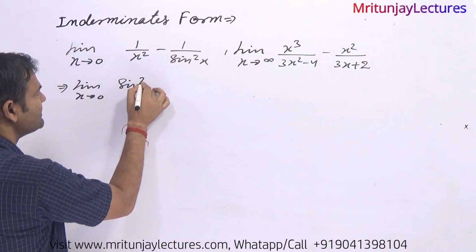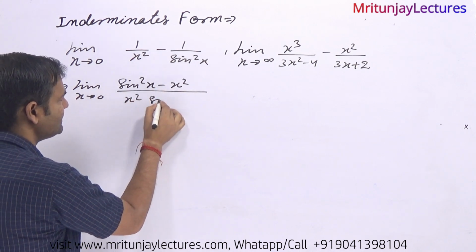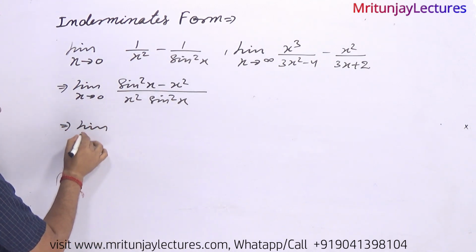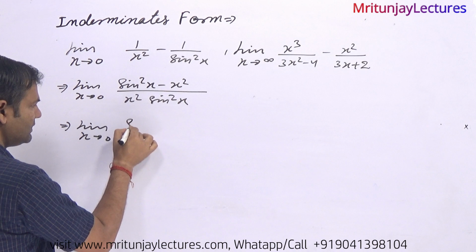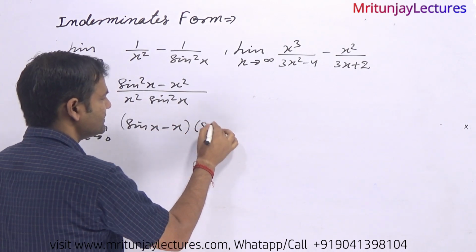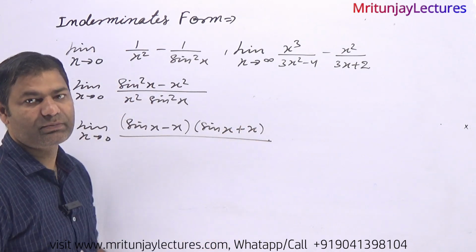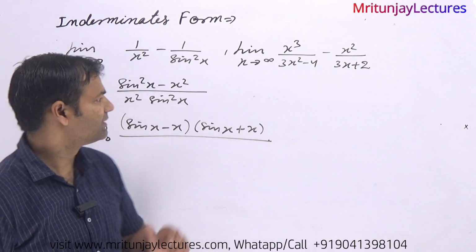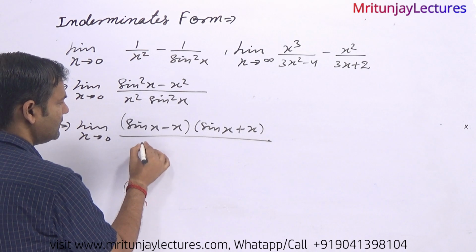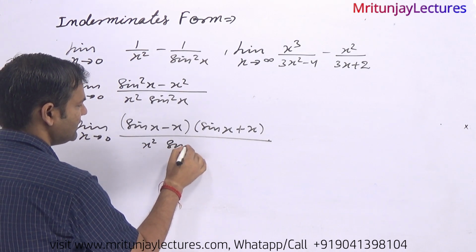Take the LCM, then x tends to 0, into sin x plus x. Apply the a square minus b square formula, then you can write it like this. After that, that is x square into sin square x.